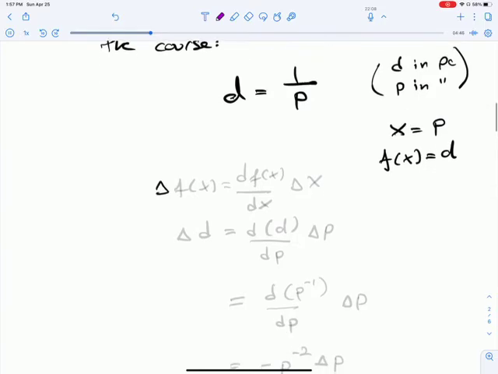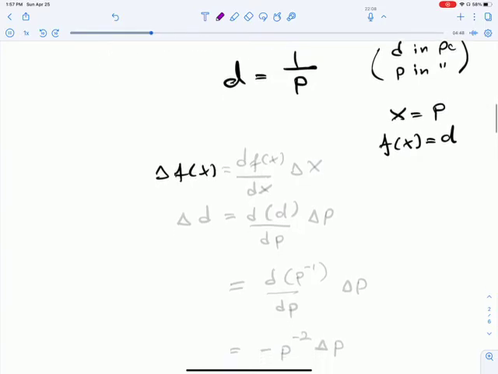So if I write delta f of x is equal to df of x by dx times delta x, then in this particular context, what I've got is delta d is equal to dd by dp times delta p.